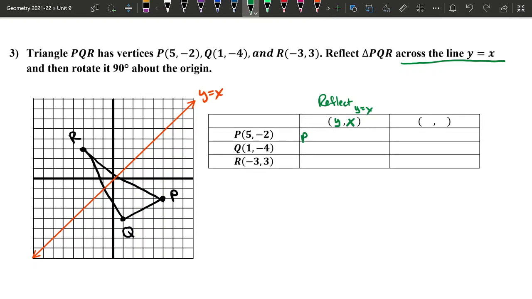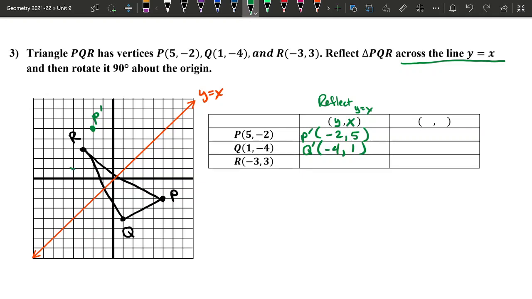All right, so P prime, if I swap x and y, should be -2 and 5. So I go -2 and up 5. And that is P prime. Q prime would be -4 and 1. So 1, 2, 3, 4, 1.